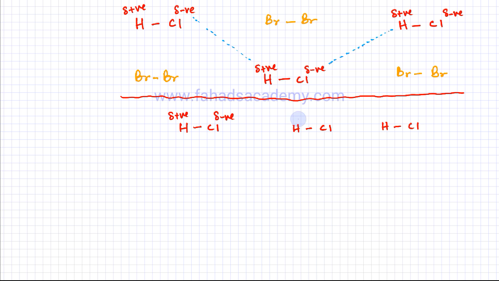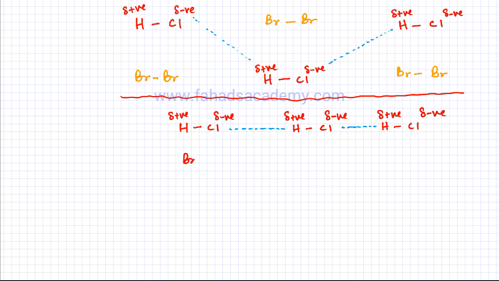This hydrogen was partial positive and partial negative. This is also positive and negative. Now you have these molecules and they're strongly attracting each other. So this blue line represents the intermolecular force of attraction, or the electrostatic force of attraction, which is present between these HCl molecules. So what's going to happen to the bromine molecules?